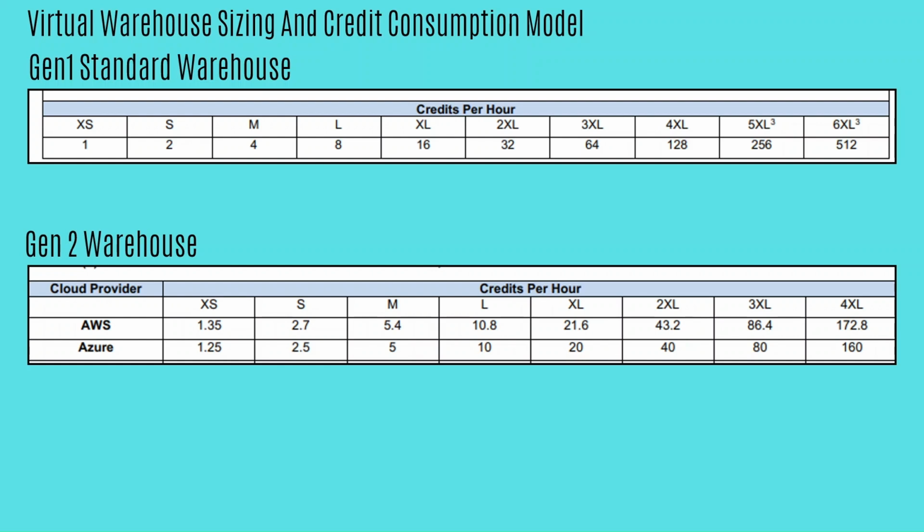It starts with 1 credit consumption per hour with XS and goes up to 112 for 6XL. As you move from one size to another, the credit consumption doubles: 1 to 2, then 2 to 4, 4 to 8, 8 to 16, right? So it's double.